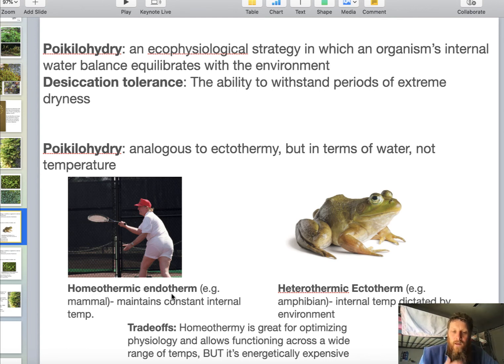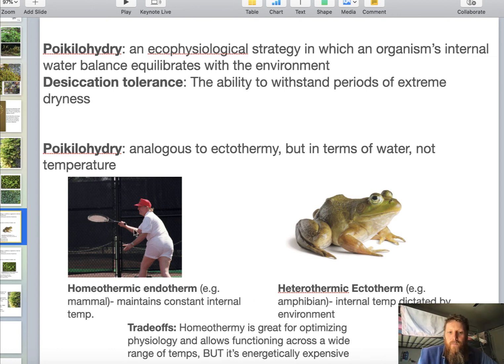So it's not getting temperature from the sun. It's producing its own heat, as opposed to something like this frog, which is a heterothermic ectotherm. So heterothermic means that its temperature fluctuates a lot, and ectotherm means that it gets its heat from the external environment. And so you have these very different strategies.